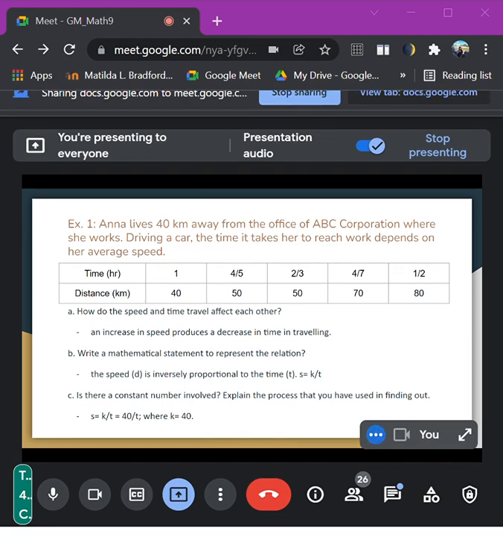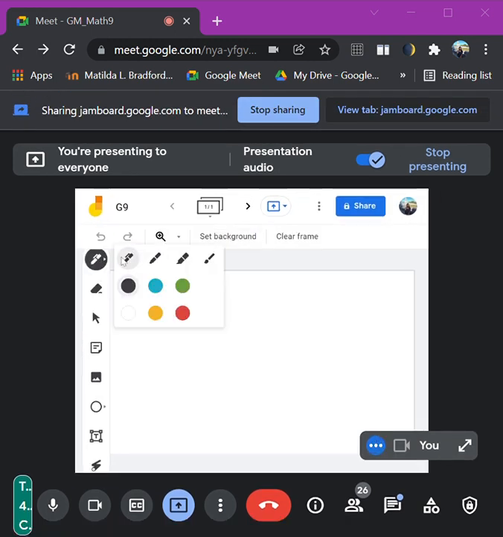Okay. So, we have here, diba, we are going to use our equation. So, that is S. Okay. That is S is equal to K over T. Diba, mama ni siya itong na-form nga equation. So, by just using the speed nga naa dito sa imuhang given, so that is 1 hour man and then iyahang distance is 40.